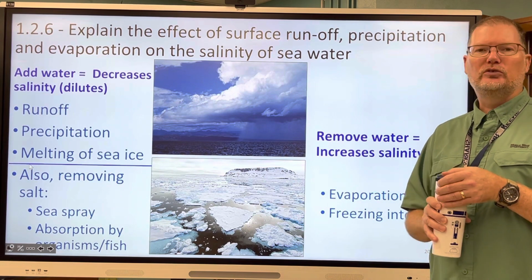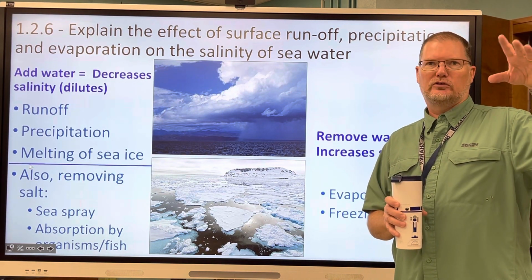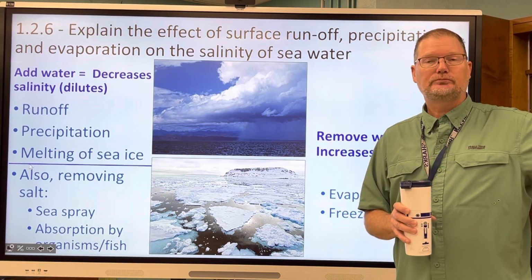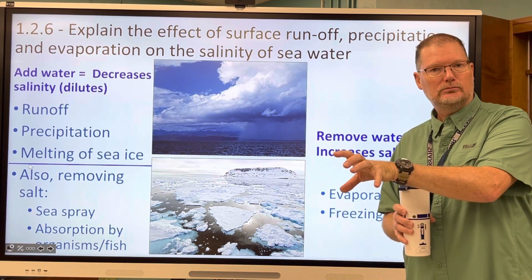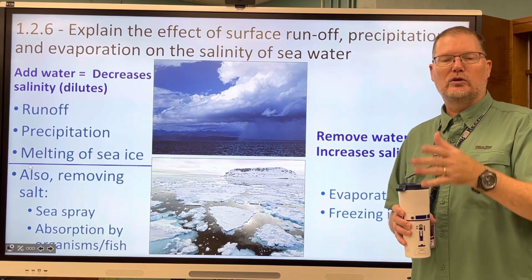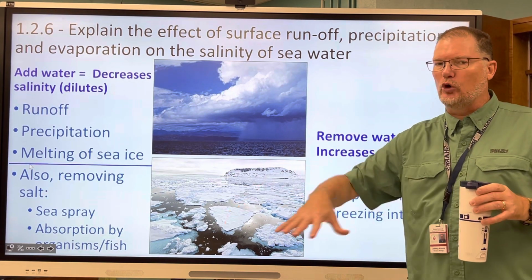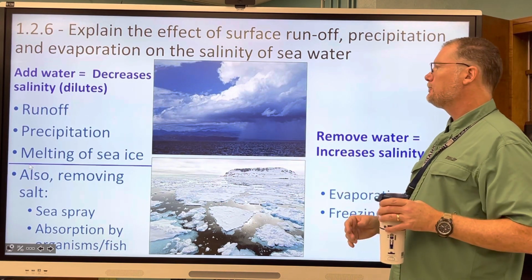Did I say St. Lucie River also? That's up in Stuart and Jensen Beach, the St. Lucie River. Excuse me. These rivers washing into the Atlantic Ocean are going to reduce the salinity, but only right there where the river flows into the ocean. And then it'll mix further out.